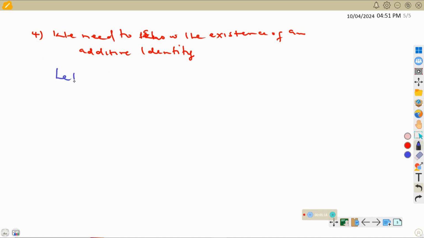First, we know a 0 vector in R to power n. The 0 vector in R to power n is the same as 0, 0 up to 0. This is the 0 vector in R to power n. So let us have that one. Let the 0 vector be this one here.